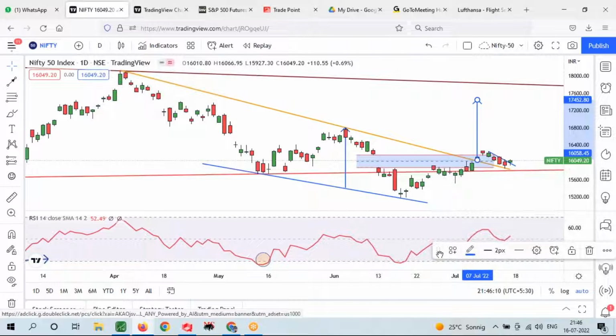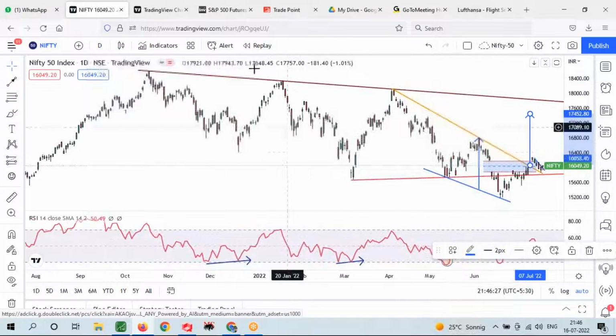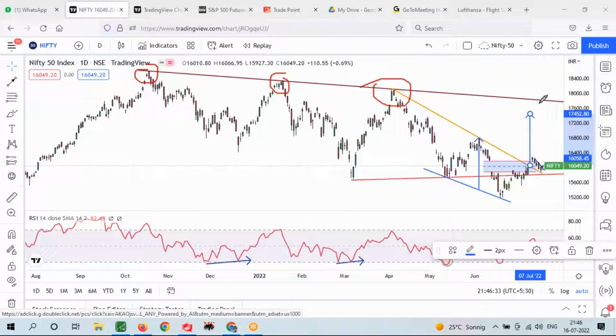So that's why I gave a target of 16,800 and 17,200, because this channel is looking like having a target of 17,400 might be filled, and there is also a gap. So this gap is to be filled, and also this trend line, okay, coming from 18,600, 300, and everything. Okay. So it is coming around 17,800.